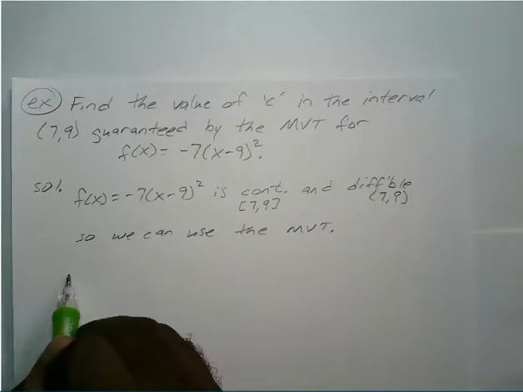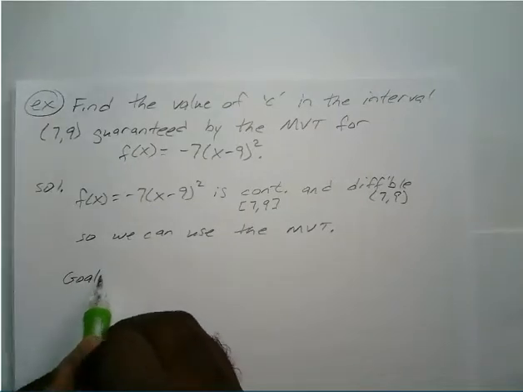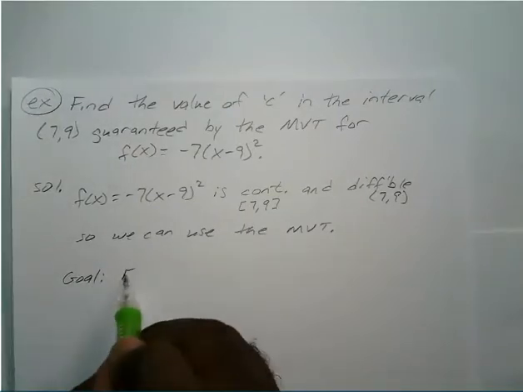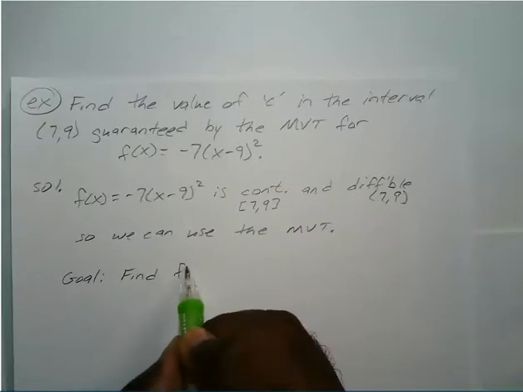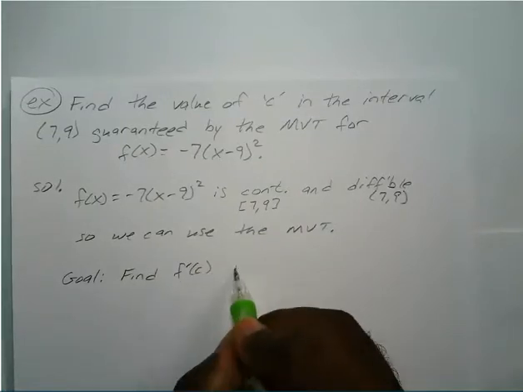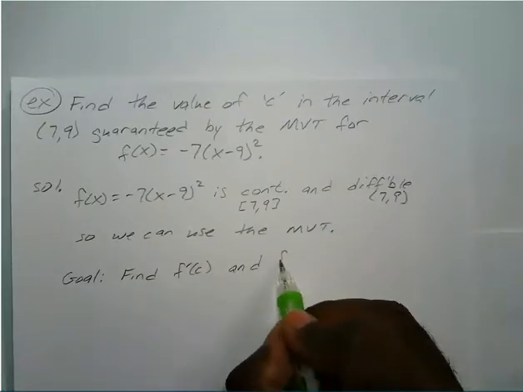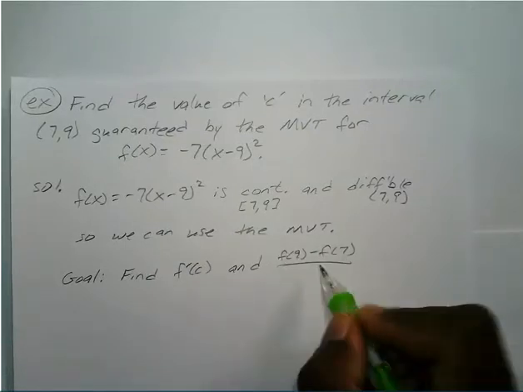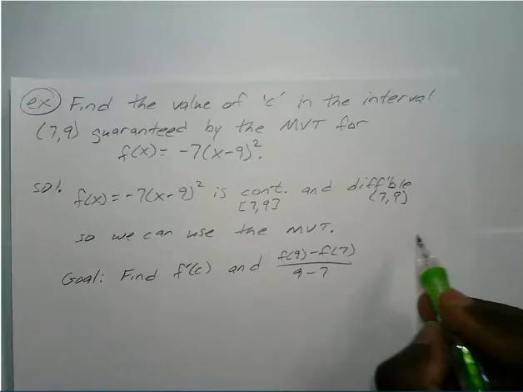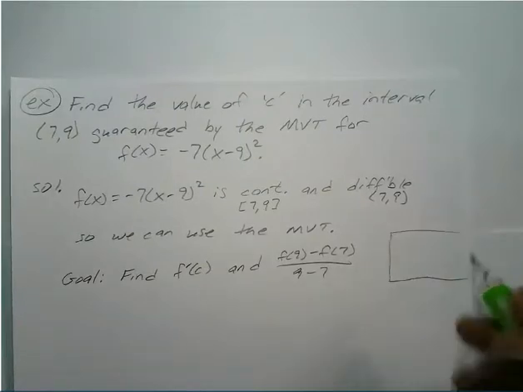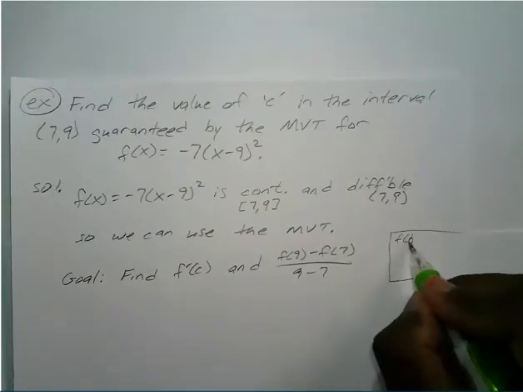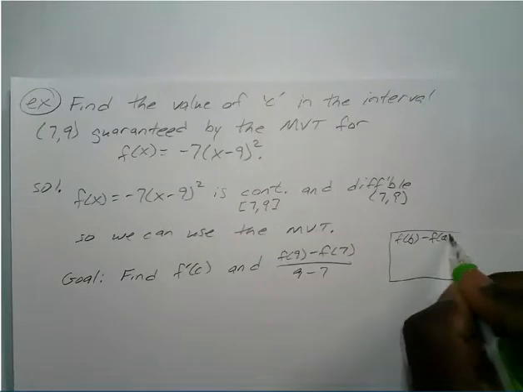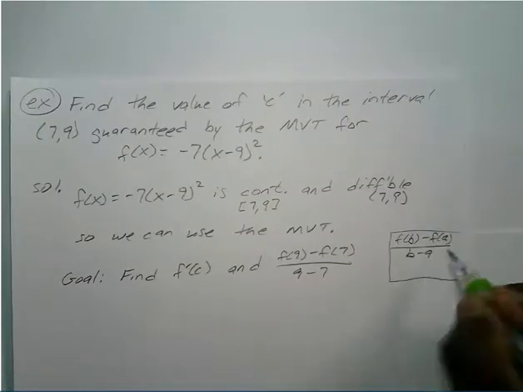Okay, so our goal here is to find f prime of c and f of 9 minus f of 7 all over 9 minus 7. Because remember, your mean value theorem is f of b minus f of a all over b minus a.